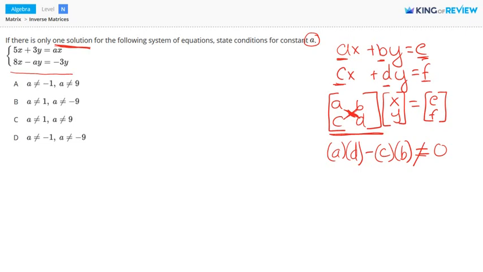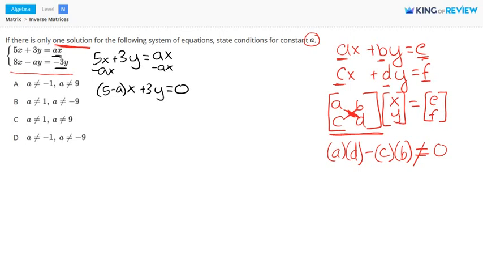Now you can see here that we do not have a constant on the right-hand side. So we need to change this. The first equation here, we're going to subtract this ax on both sides. And this leaves us with 5 minus a times x plus 3y equals 0.